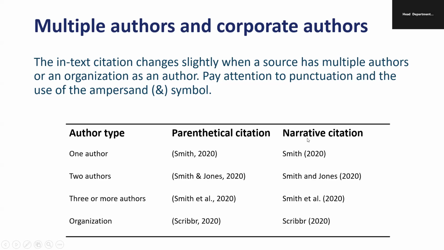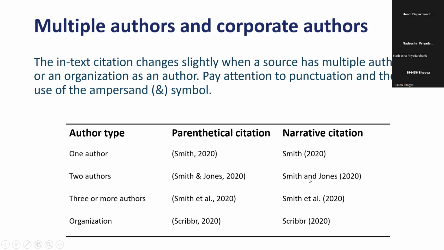However, according to APA style, when we are using the narrative citation style, meaning we emphasize the authors, we write "and" in letters. We don't use the symbol: Smith and Jones.